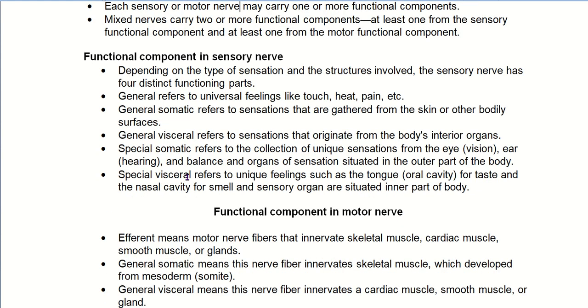Special somatic means special types of sensory information, for example, eye vision, ear hearing, and vestibular nerves, and the organ of sensation is situated in the outer part of the body.